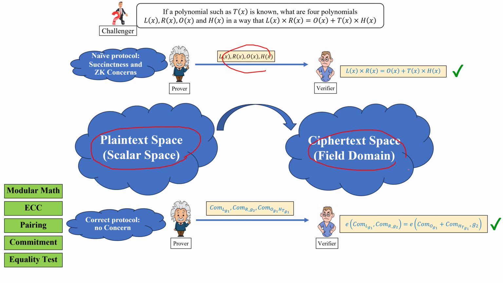And to switch from the scalar space into the field space, we actually needed all of that knowledge that we discussed in previous lectures. Okay, so we discussed 4 lectures already to finally design this specific protocol for the polynomial, right? So now maybe you ask that this is not a meaningful puzzle.